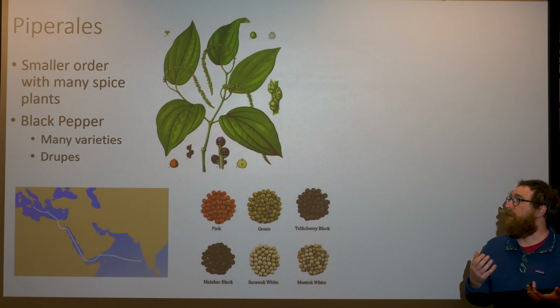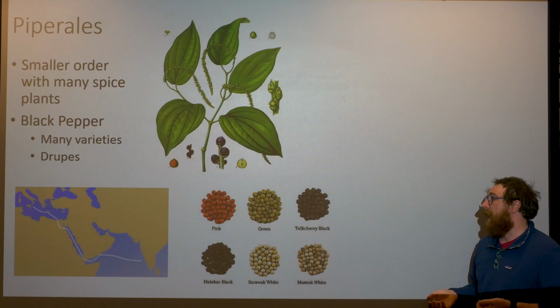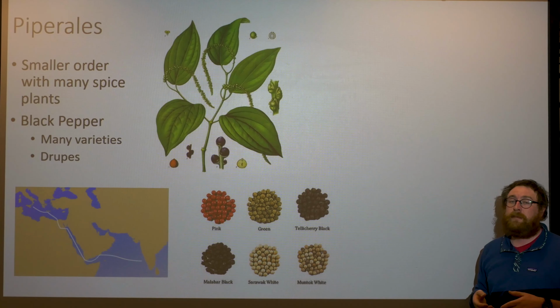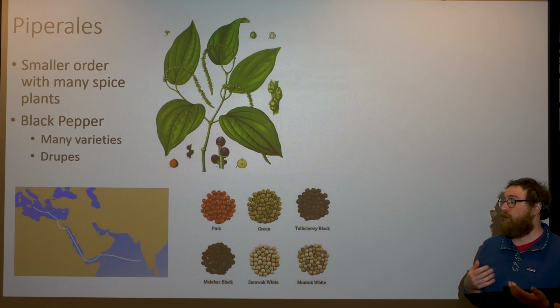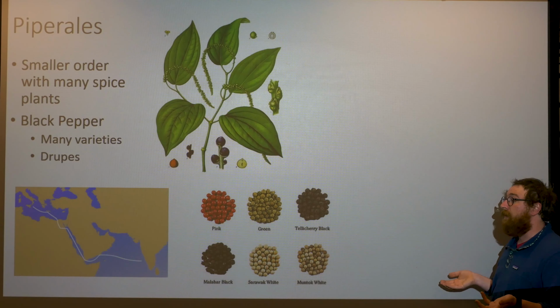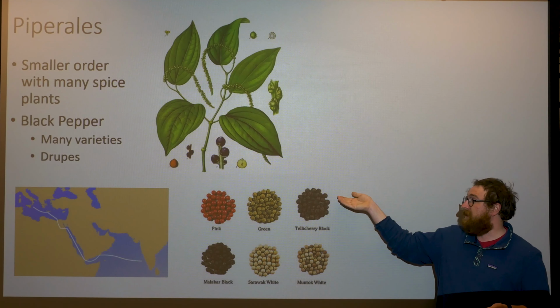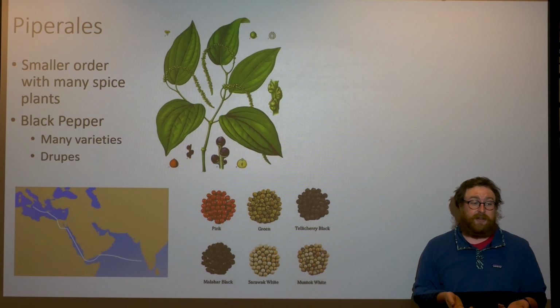Black pepper comes from one plant, but has a lot of different varieties from it. And the drupes, the fruit that we get from them, are then ground up and put into food. In fact, a lot of the early trade routes that Europe had with Eastern Asia were essentially based on moving these species from the tropics in Southeast Asia into Europe.